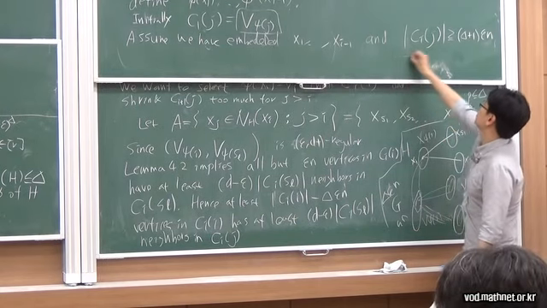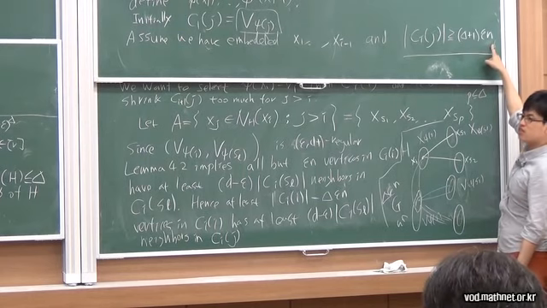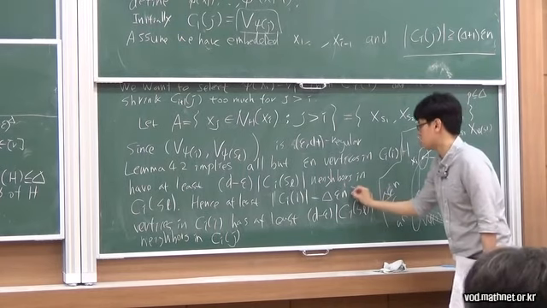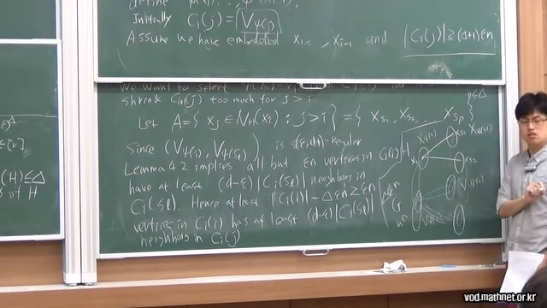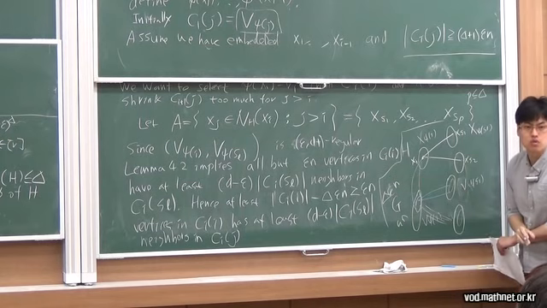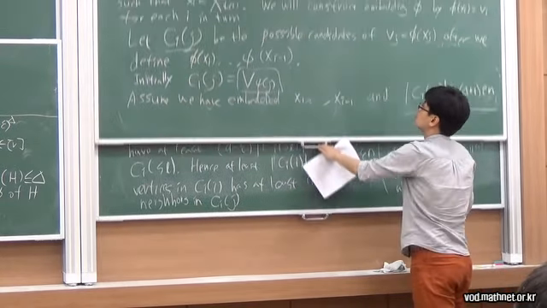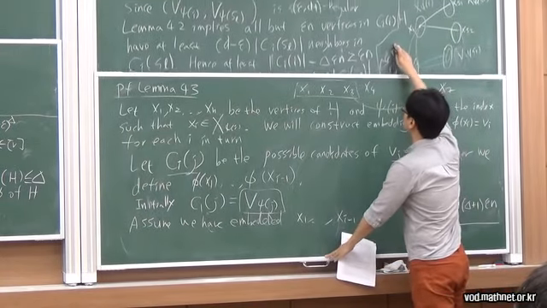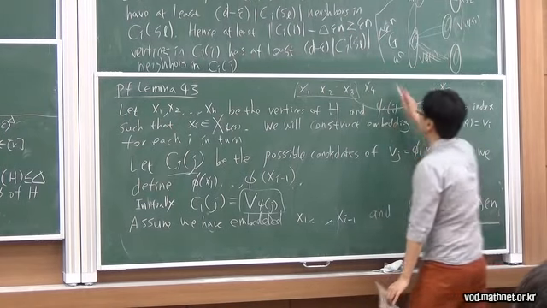We assume our induction hypothesis that this is still delta plus 1 times epsilon n. That means this is bigger than epsilon n. So still we have epsilon n good choices.